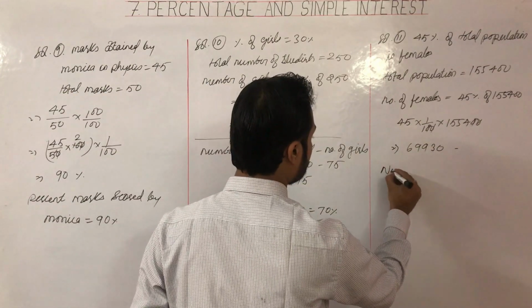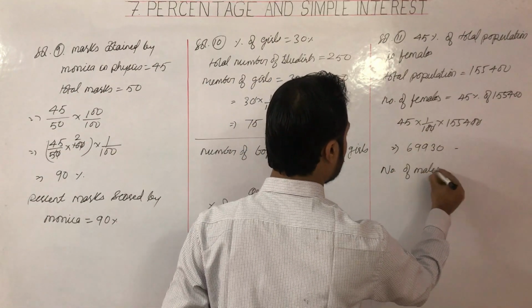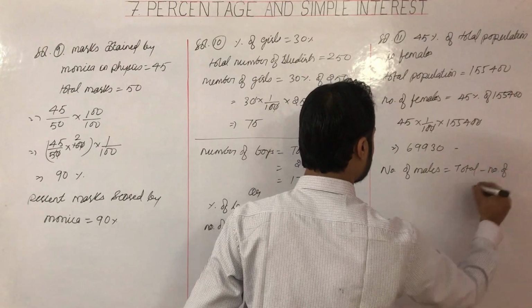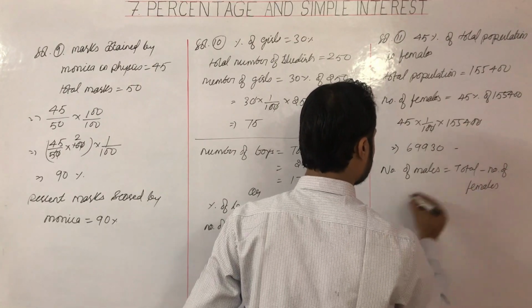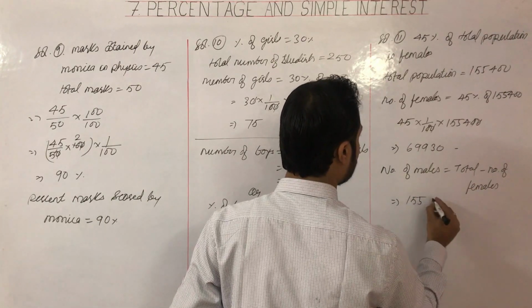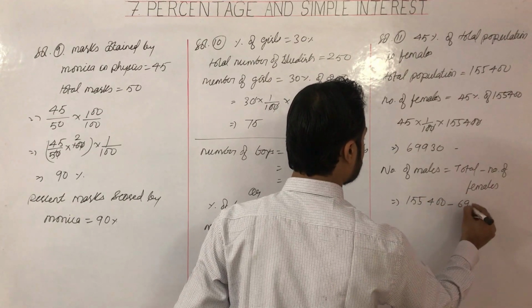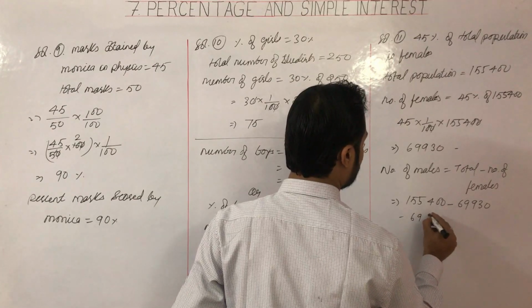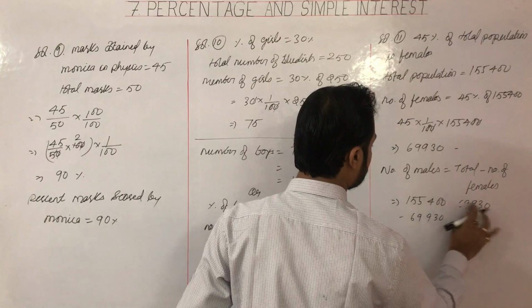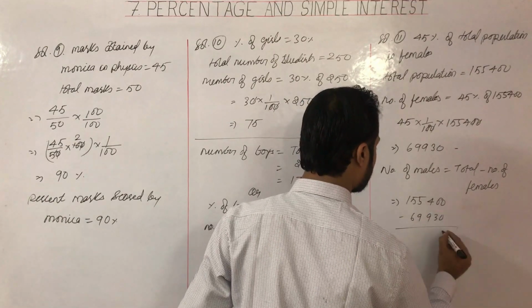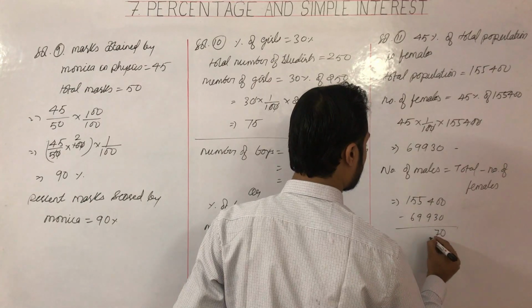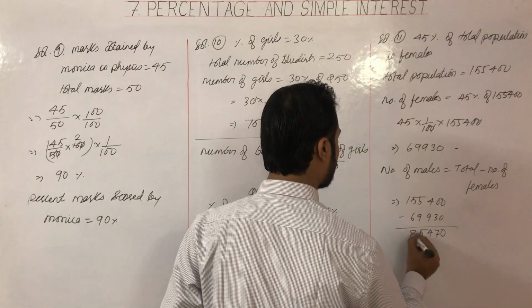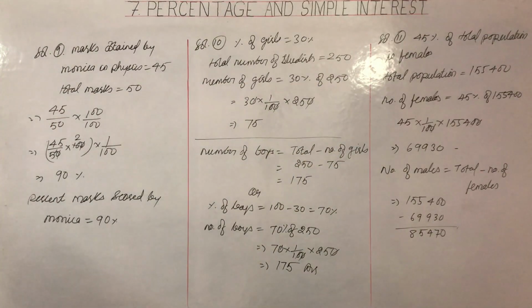Then for number of males equals to total minus number of females. So total 155,400 minus 69930. 85,470.